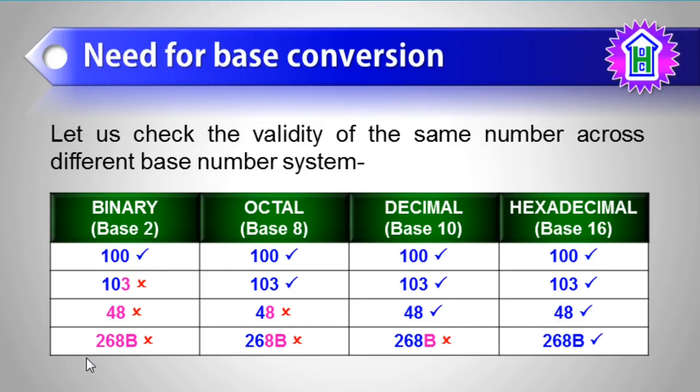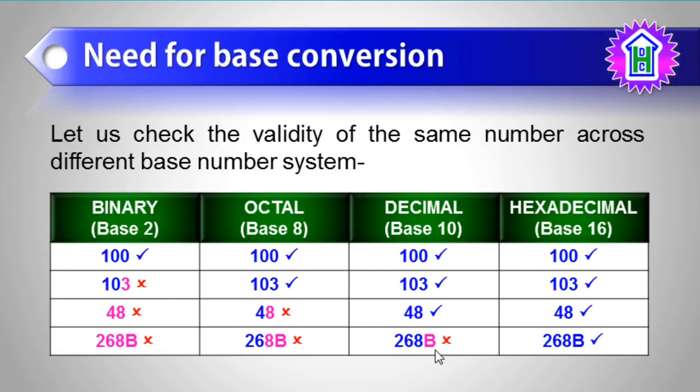Now if I write 268B in binary, you can easily understand that this is not valid for all digits. If I write 268B in octal, for 8 and B, this number becomes invalid because 2 and 6 are valid. So as a whole, the number is invalid in octal.